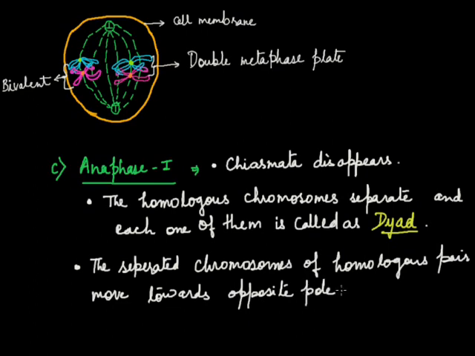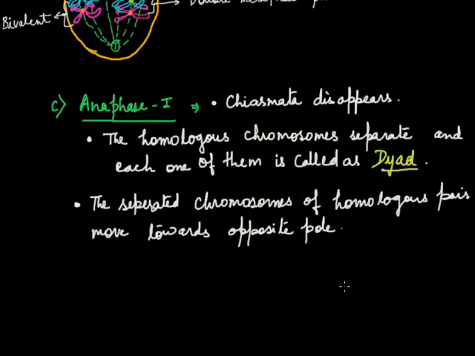This happens due to shortening of the spindle fibers, which are attached to these chromosomes at the centromeres, and thus two haploid groups of chromosomes are formed at each pole.